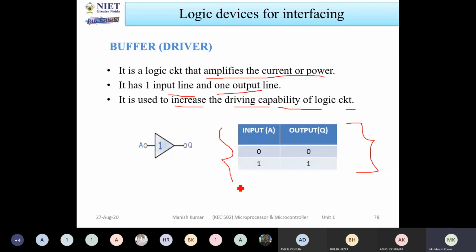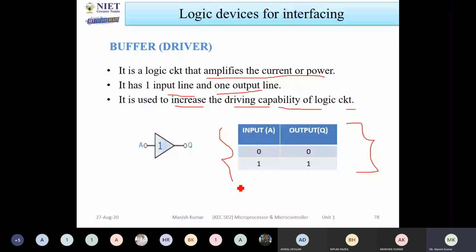You are not getting any loss on that. So driving capability defines that the maximum fan out of an output measures its load driving capability. What is fan out? You know the fan out? Fan out of logic devices, how can you find out? Fan out defines the number of inputs that can be connected to a specified output.